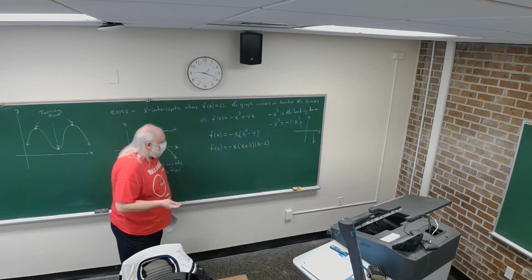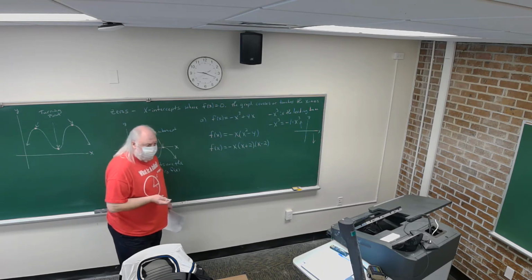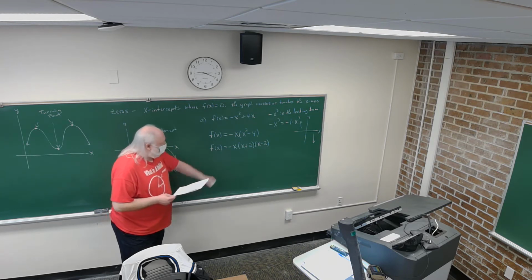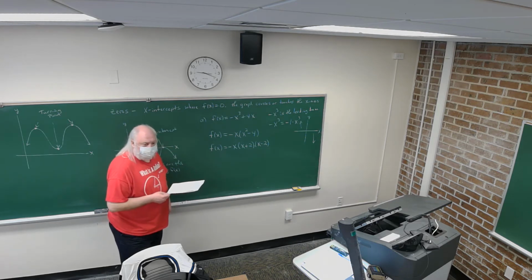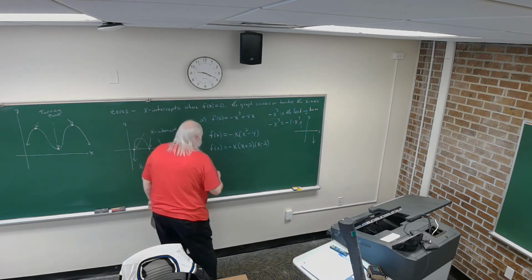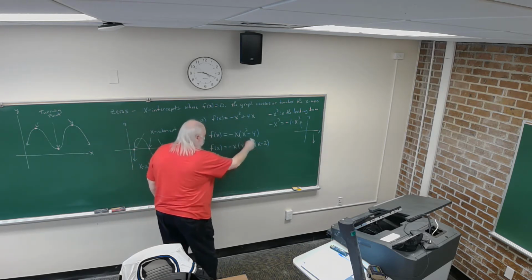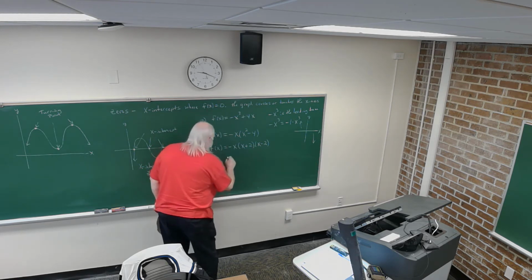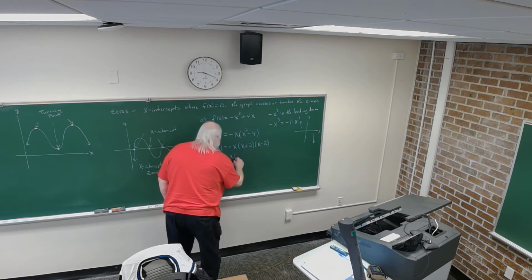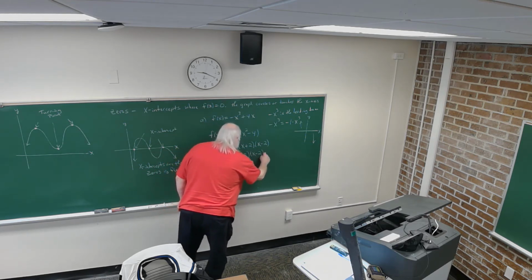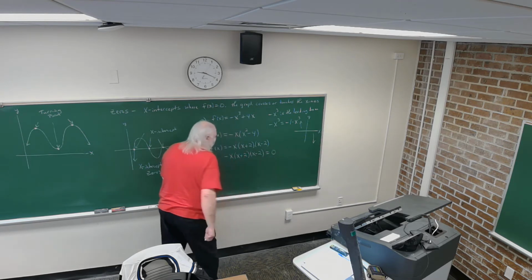So now we have the product of three factors. Okay. And to find the zeros, we set the right-hand side equal to 0 and solve for x, using the zero product property. To find the values of x that make f of x equal to 0, we have minus x times x plus 2 times x minus 2 is equal to 0.